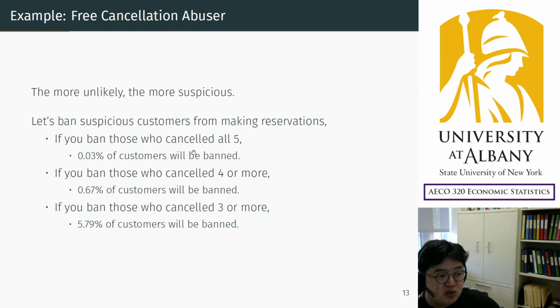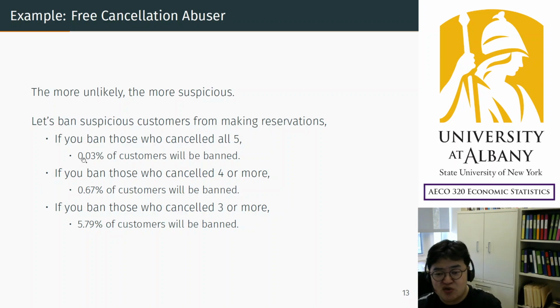That means what I'm telling you here is, there is nothing certain. There are no certain abusers. So even if a customer cancels all of her reservations, that customer may still be innocent. That is possible. However, you have to ban. The customer is just unlucky, but this probability is too low, so you need to sacrifice that much probability.